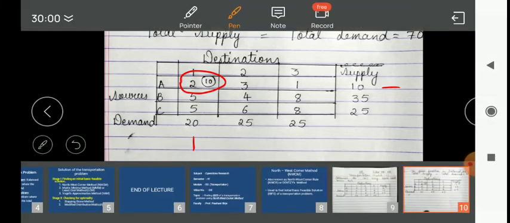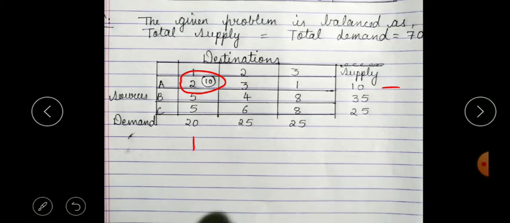Supply is 10, demand is 20. The minimum of the two has to be taken. The minimum of supply and demand has to be taken, and it is allocated here. This is known as allocation. What I have done here is I have written 10 here. That is nothing but allocation. I have allocated 10 units in this cell.